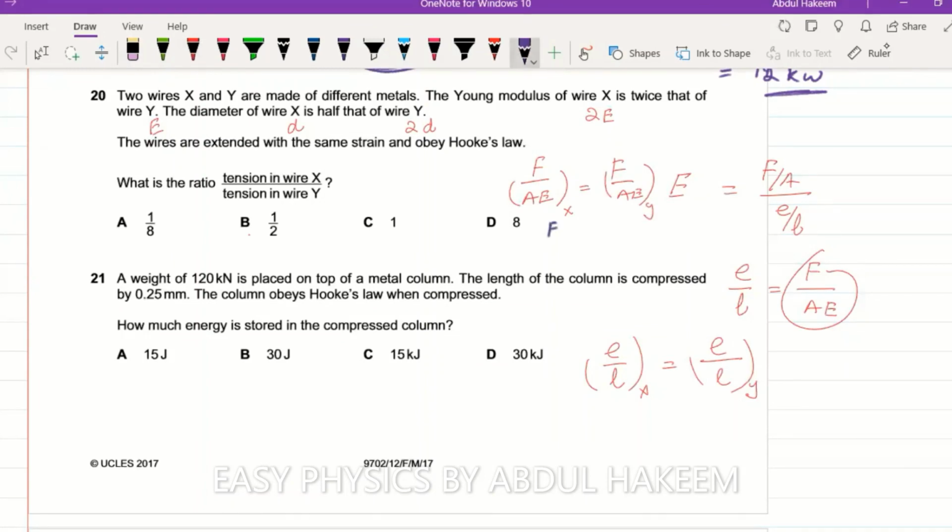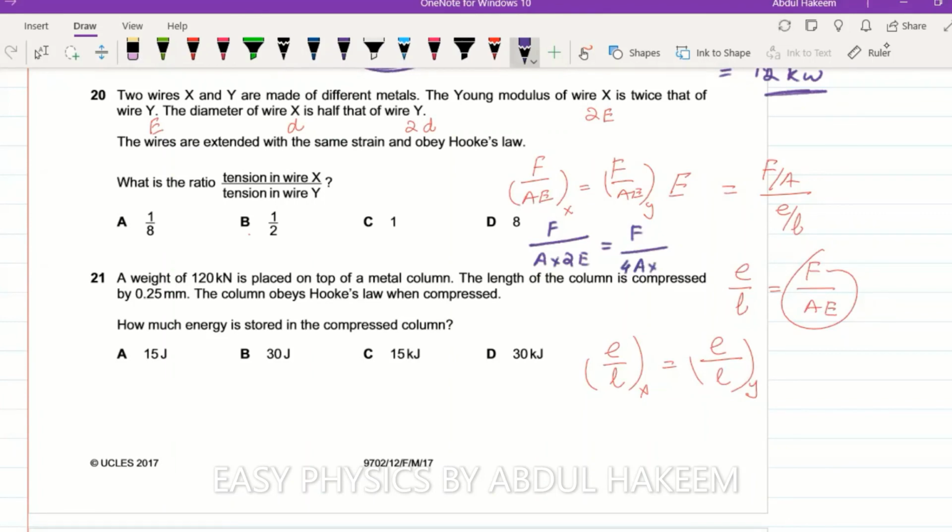Now F divided by the area of the X, which is A, and the Young modulus of the X is double, then F divided by A times 2E. Look, the diameter of the Y is double. It means its area will be 4 times.